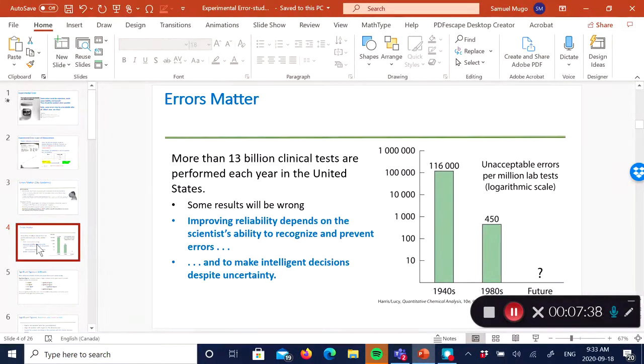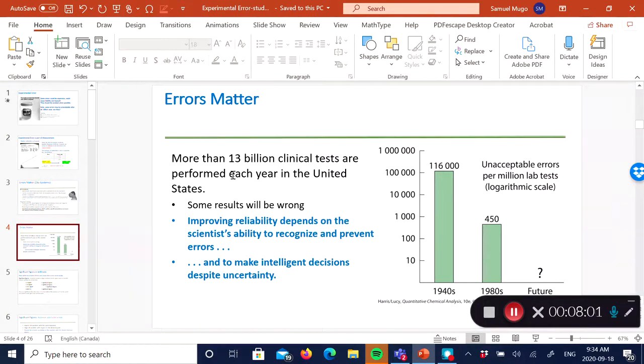Now, over the years, because of the GLP, the good laboratory practices, we've seen largely a decline in the number of clinical tests that come out wrong, the number of botched tests. And that's largely because of the GLP.